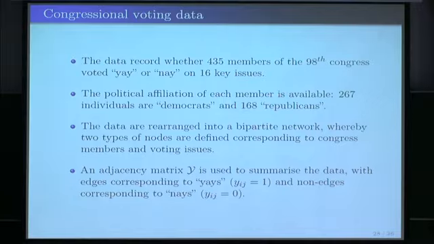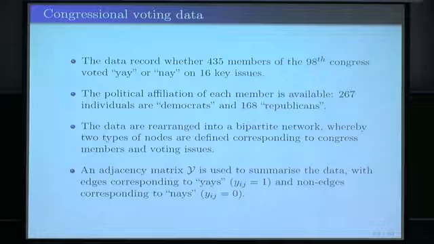Okay, so the congressional voting data. The data records 435 members of the Congress voting yea and nay on 16 key issues. We also know the underlying political affiliation of those 435 congressmen. The data is arranged into a bipartite network, where we have two node types.